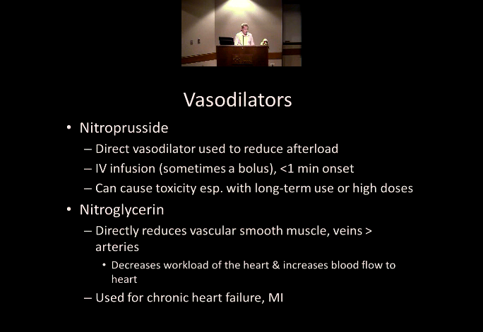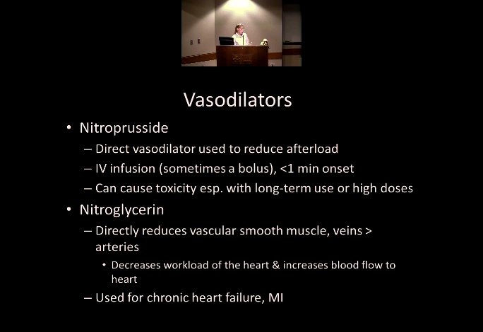Nitroglycerin. This is what Grandpa takes when his heart hurts at home because he tried to shovel the snow. It's also what we can give intra-op. It works directly to relax vascular smooth muscle. It works on veins more than arteries, which makes it a little different. It also is somewhat cardioprotective.